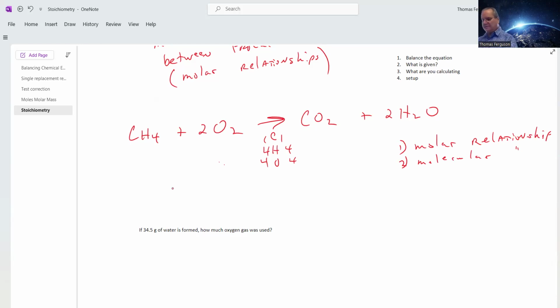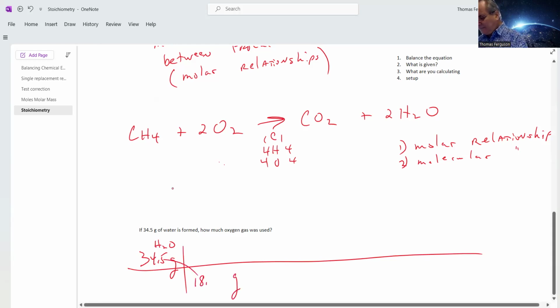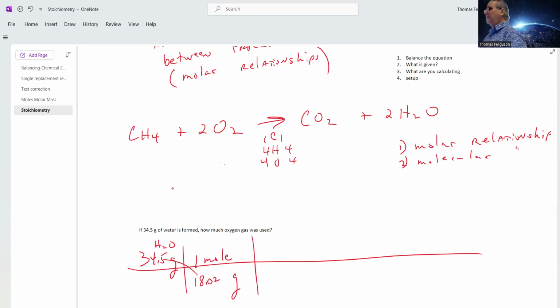So the first step is get us into moles. So we start with 34.5 grams of water. I'm going to get that over to moles of water. So the grams got to cancel. And there's 18.02 grams in 1 mole of water.